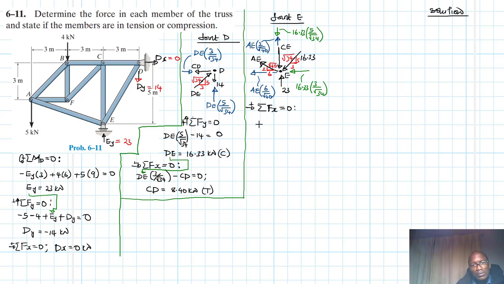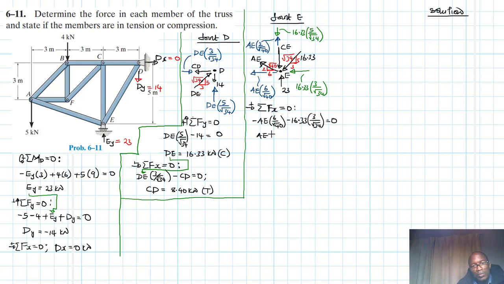What do we have? We have AE minus AE 6 divided by root of 40, minus 16.33, 3 divided by root of 34 equal to 0.